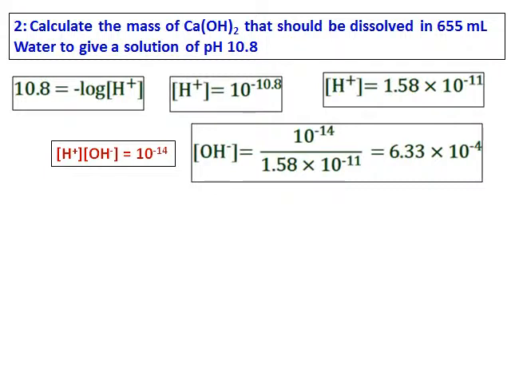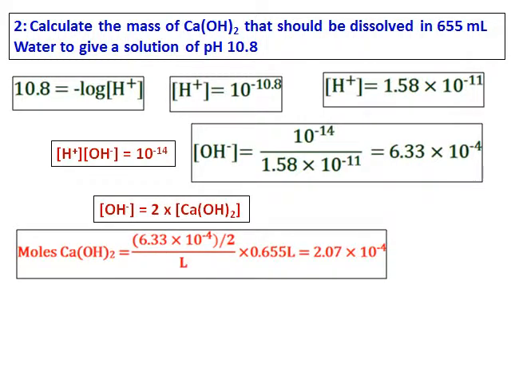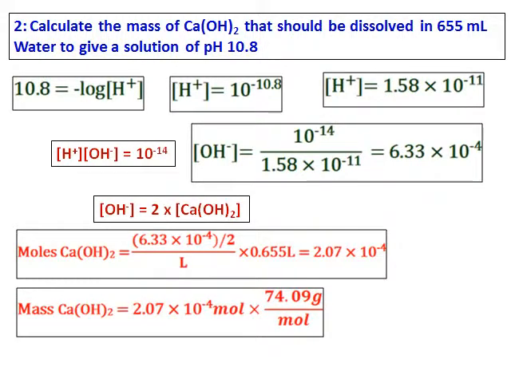Because I need to get the concentration of calcium hydroxide further. So concentration of hydroxide ion is calculated, but now if you look at calcium hydroxide, we have 2 hydroxide ions for each calcium hydroxide, and hence the concentration of calcium hydroxide will be divided by 2 as shown over there, and multiplied by the volume, and that gives me the moles of calcium hydroxide.